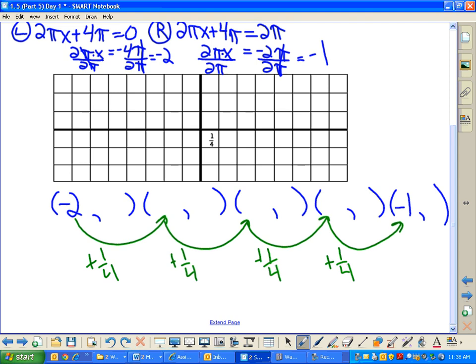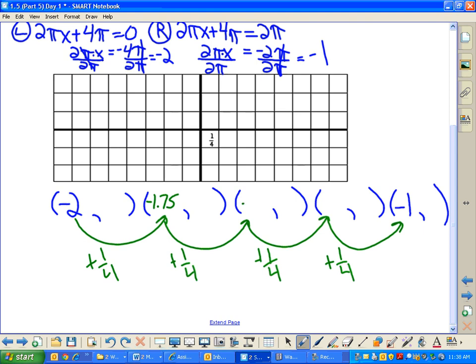So -2, if you add a 1/4 onto that, and you could do it in fractions or decimals would be fine in this case. It's a little different when we're talking about pi. Your decimals would be exact if you use them here, so I don't take exception to that necessarily. If you have -2 and you add on a 1/4, you're at -1 3/4, or -1.75.